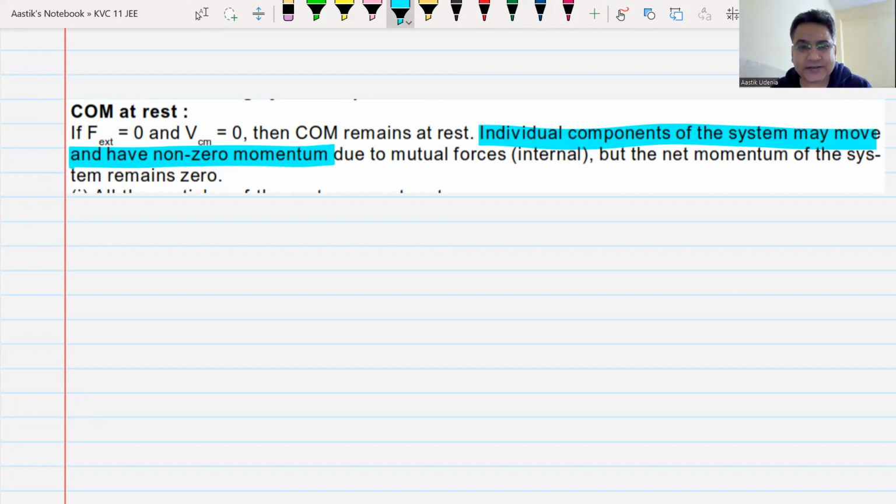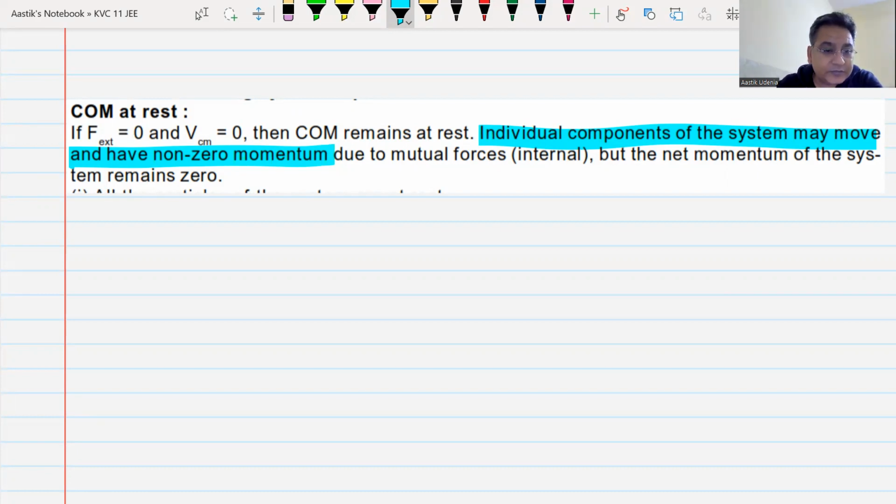Obviously, if all the particles are at rest, the momentum of center of mass will be zero, or the velocity of center of mass will be zero. But it may also happen that the particles are moving with different velocities, but still the momentum of the center of mass is zero and the velocity of center of mass is zero. Do we understand this? Let me give you an example.